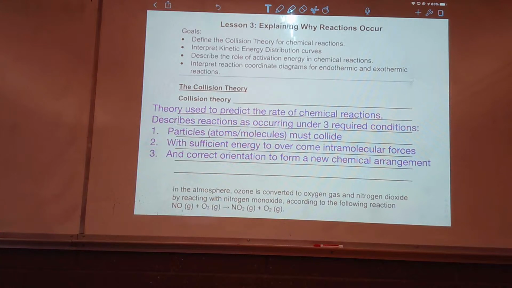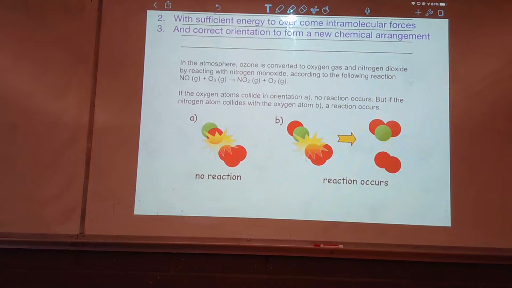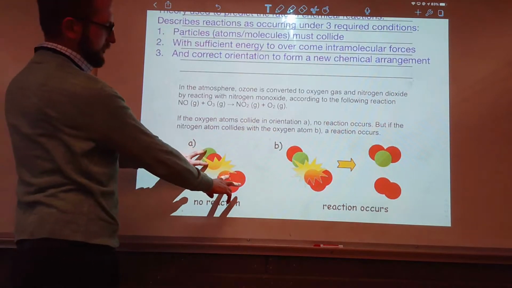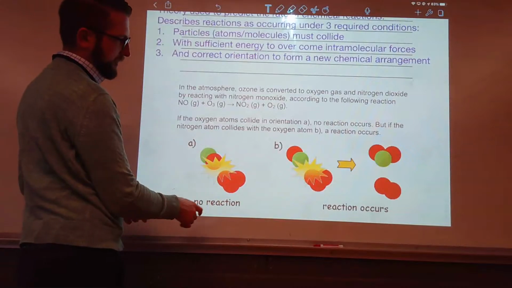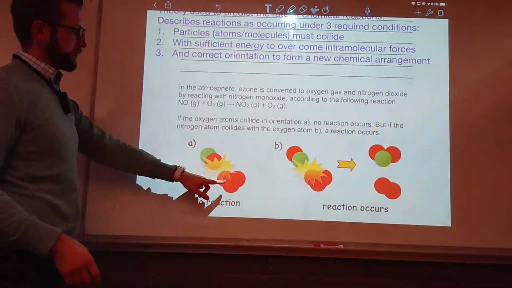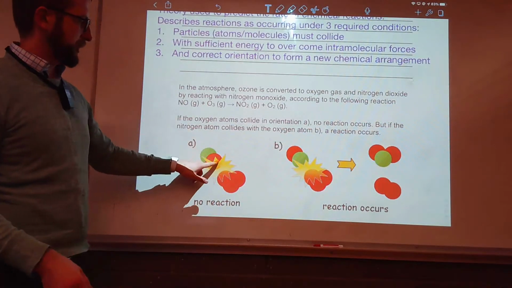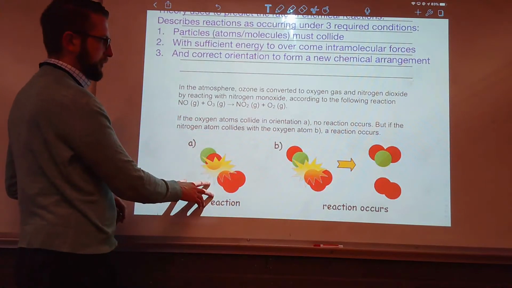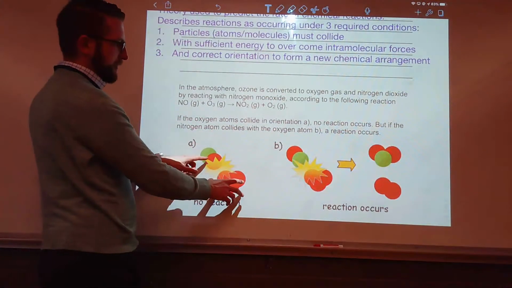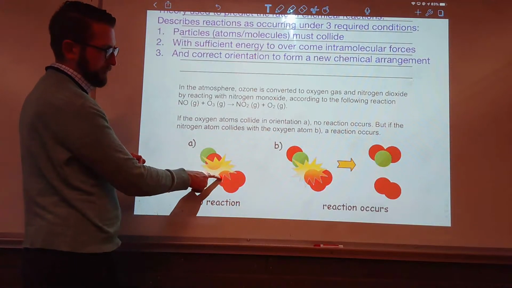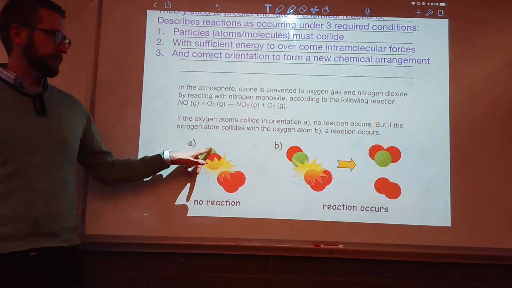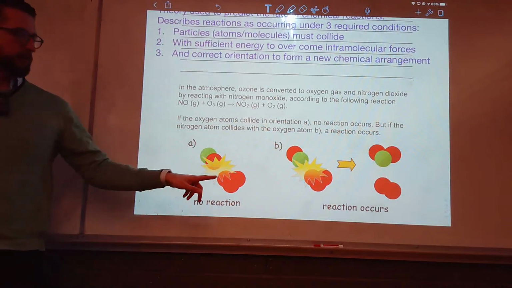Okay. So what we want to think about is this little picture here at the bottom of the page. So here we have two reactants, ozone and nitrogen monoxide. And as they come together, if they, for example, came together where the two oxygen atoms are pointing at each other, the orientation is not correct because oxygen is electronegative and oxygen is electronegative.